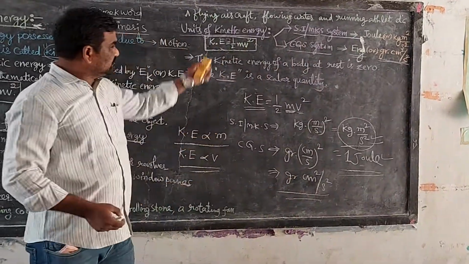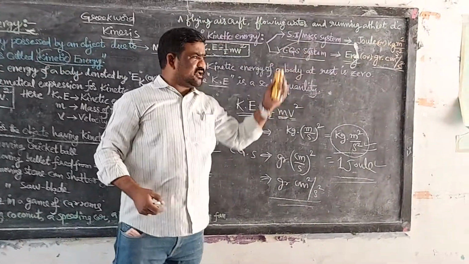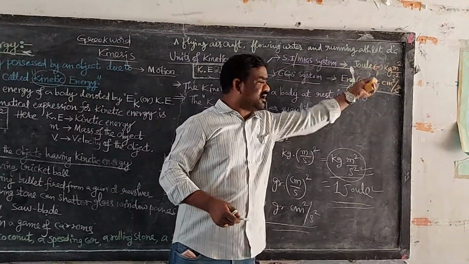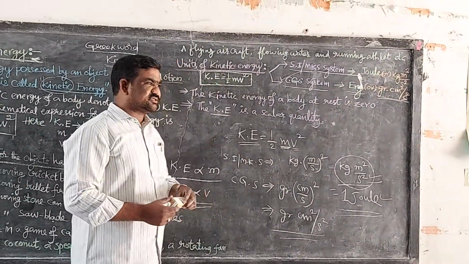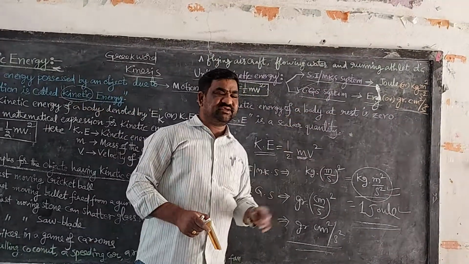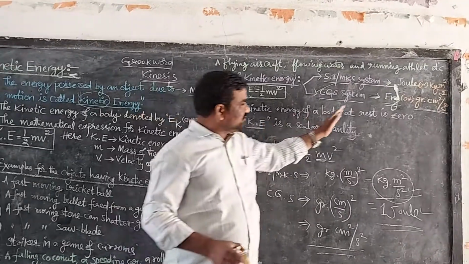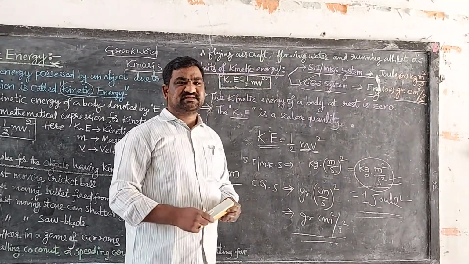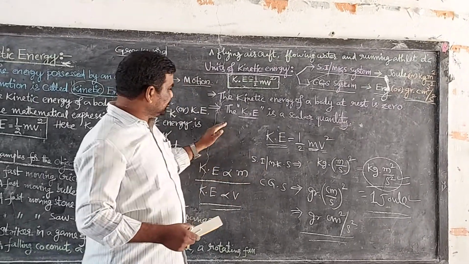So the SI or MKS unit of kinetic energy is joule or kg into meter square by second square. The CGS unit of kinetic energy is erg or gram into centimeter square by second square.